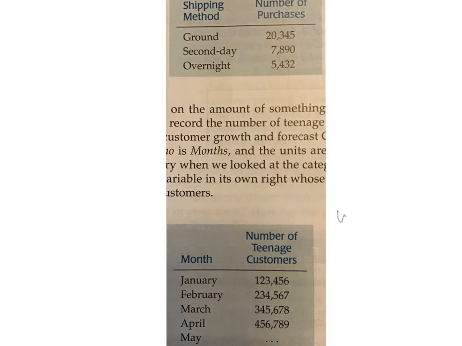Our what is actually teenagers. Our who then becomes our month, and our ordinal unit would actually be the number of teenagers.